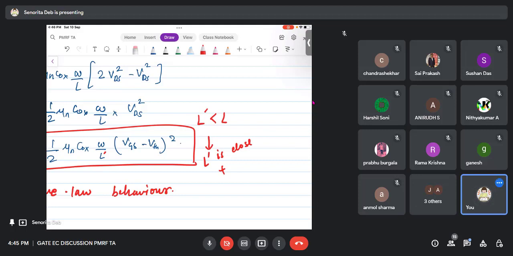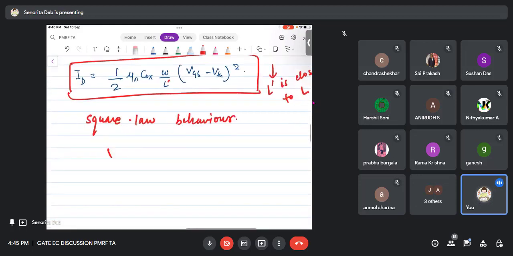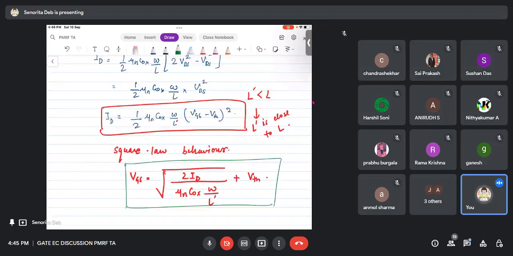The device has square law behavior because VGS now follows this. But you need not memorize it. You need to remember this equation only and this equation.